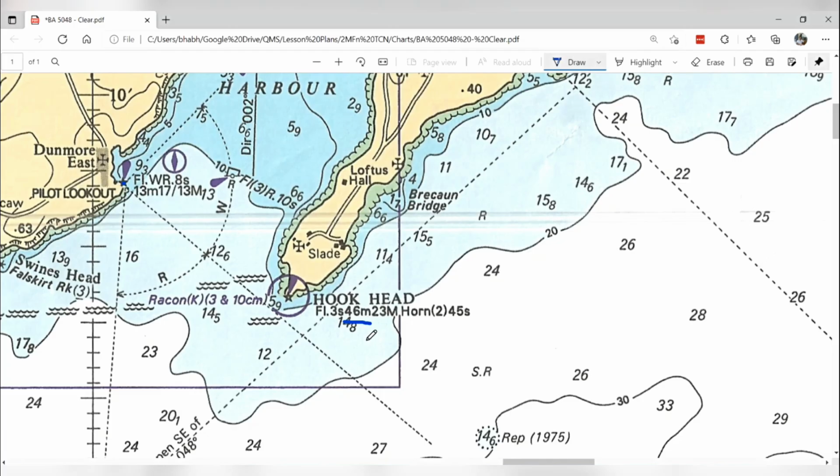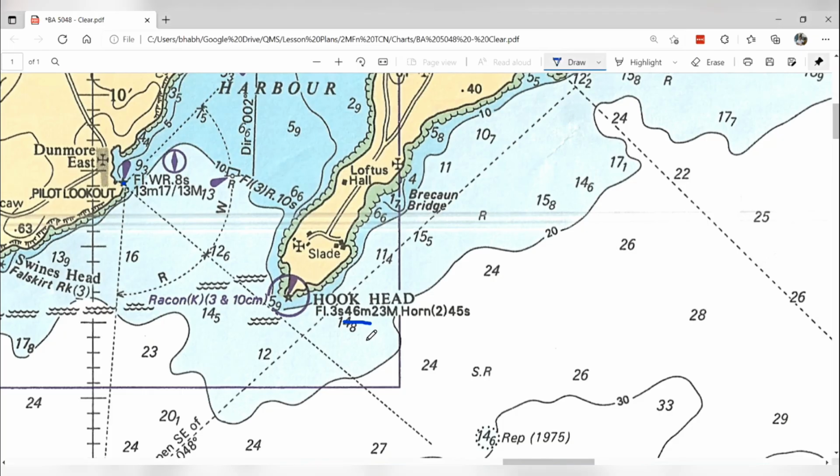So beta, the heights of lights which are given on the chart are given with reference to mean high water springs. Okay, so what is this mean high water springs? If we take the mean, over the year, of the tidal height at the time of spring high water, that figure is called MHWS.